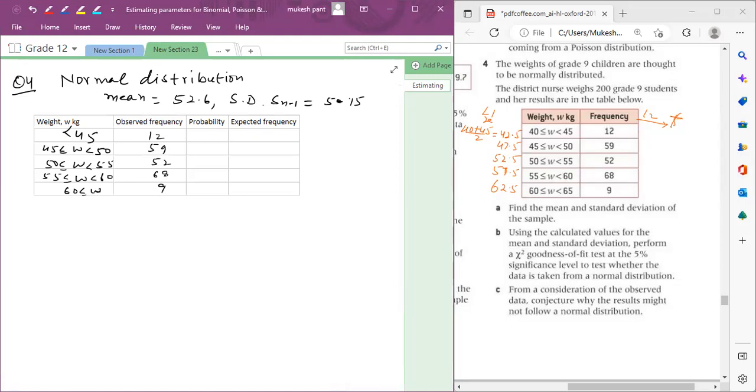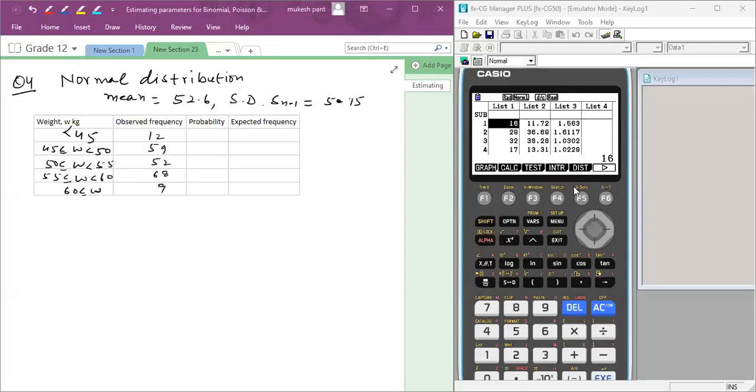So let's use the calculator to find the probability.